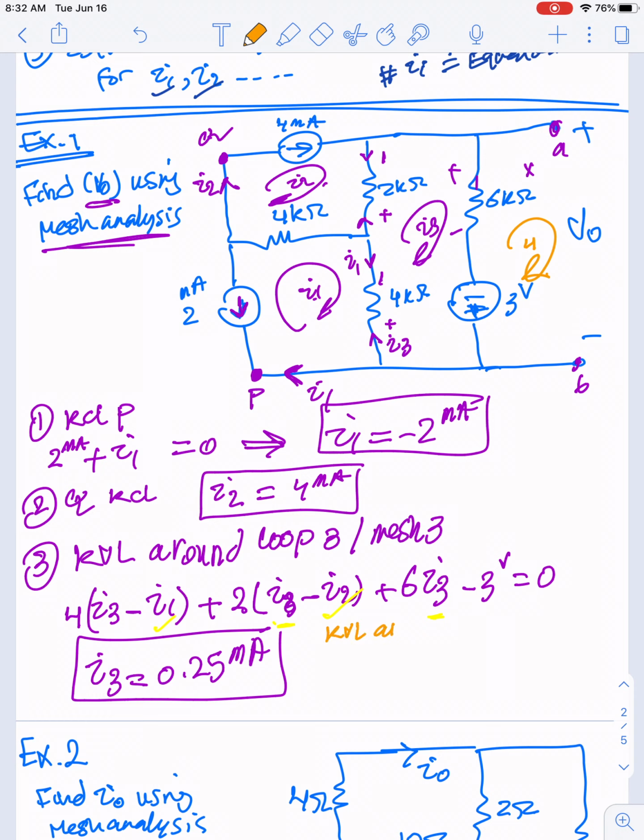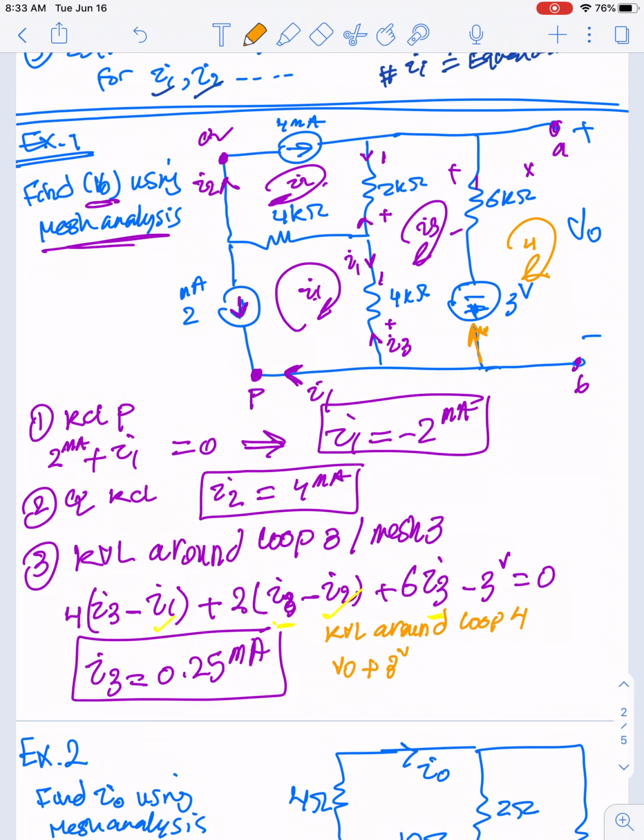The current is going into A from a positive terminal, so we have VO, and also going here from a positive terminal, so we'll have plus 3 volt.